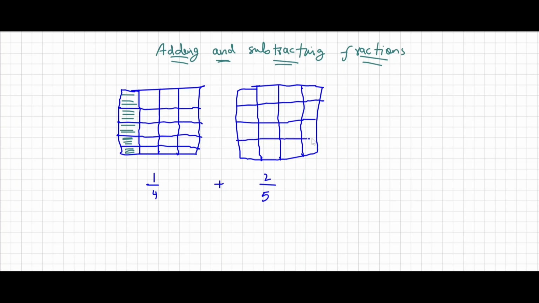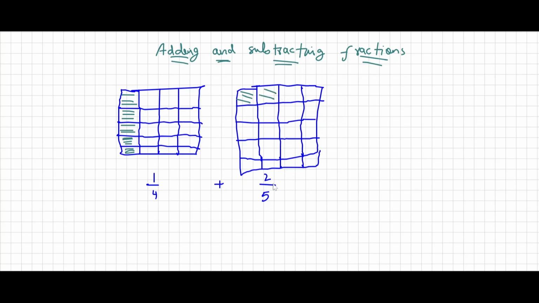May I write it like this. So it's like this.